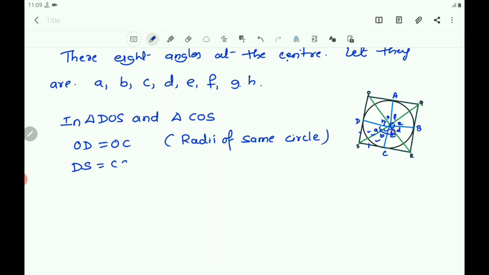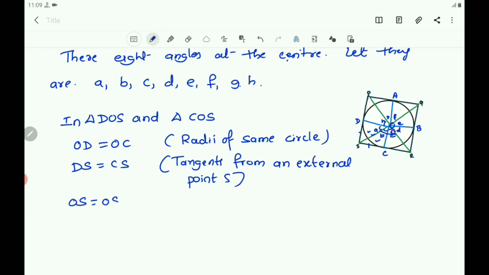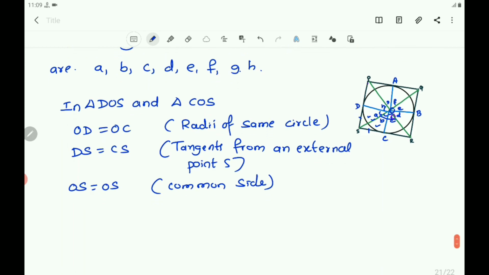DS is equal to CS, tangents from the external point S. Then also OS equals OS, that is the common side.